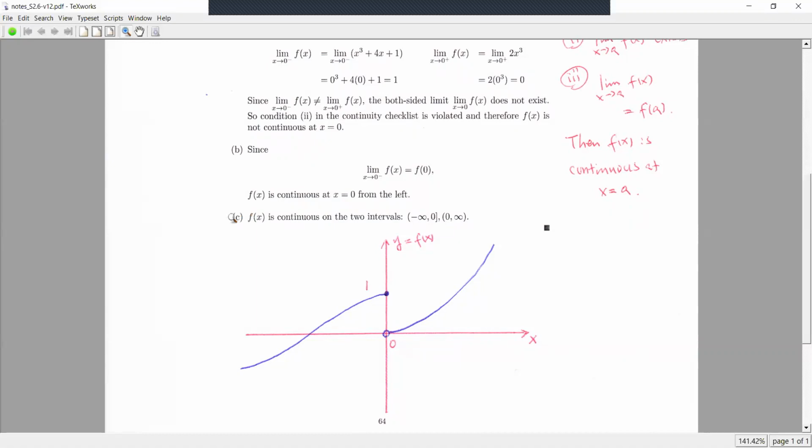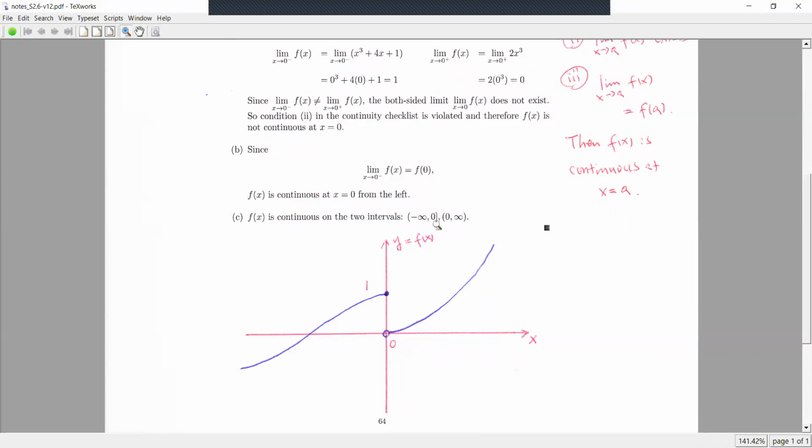Now, part C. Over what intervals is the function continuous? From this diagram, the function is continuous from negative infinity to 0. At 0, the graph is continuous from the left side. So I put a square bracket here.